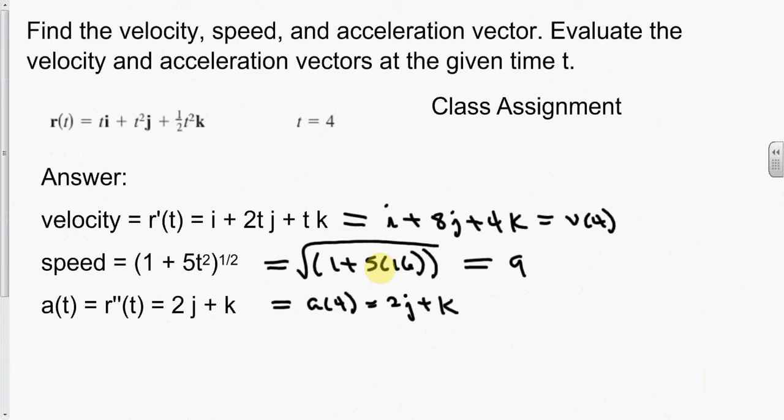Do you want us to solve for it, or do you want math, or input, or which way do you want it? Well, you do two things. First, you find the velocity, the speed, and the acceleration, and then you evaluate them at the given value for t. So I just forgot to evaluate mine at t equal to 4. So, yes, sir. So you find v, and then you evaluate it at the value for t. Good.